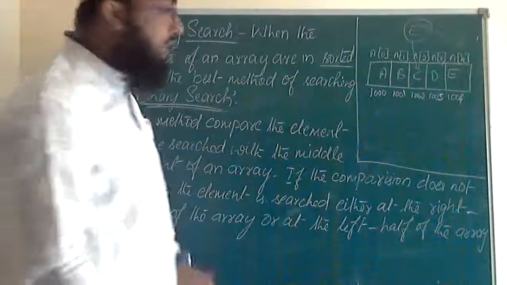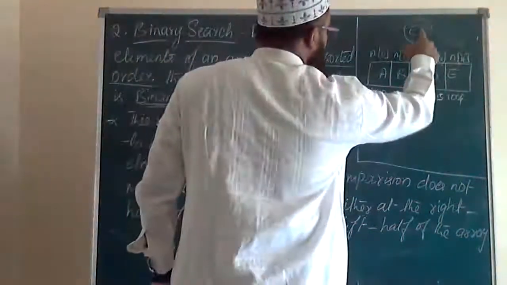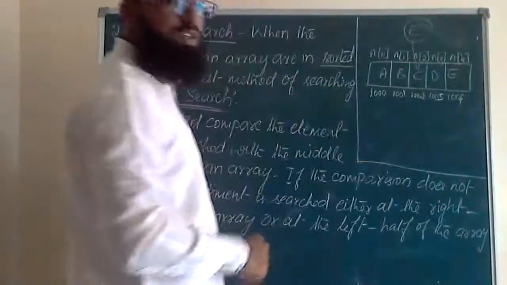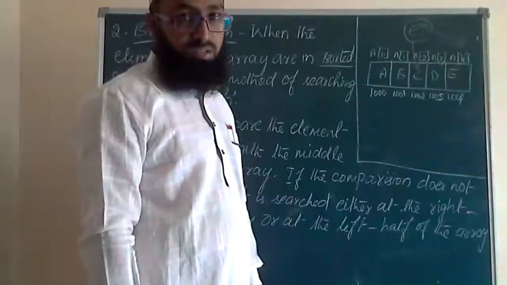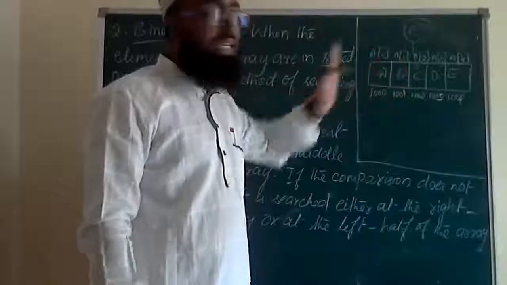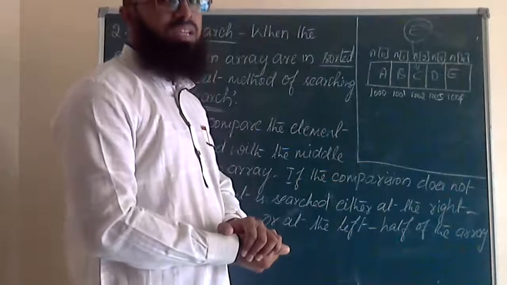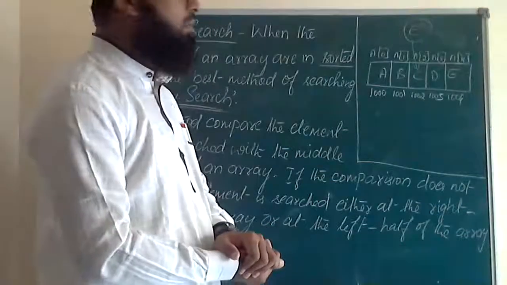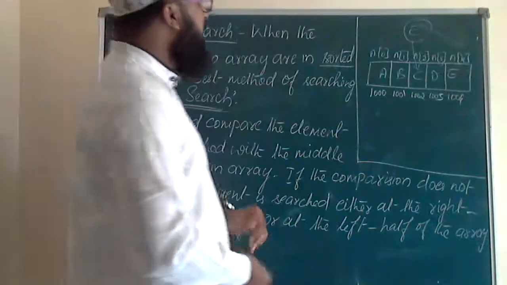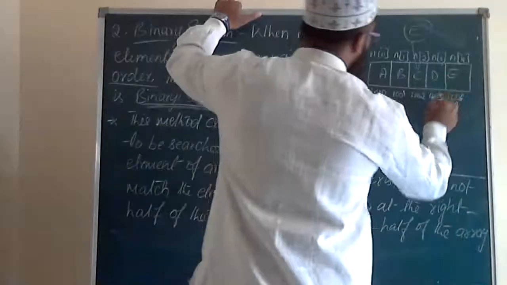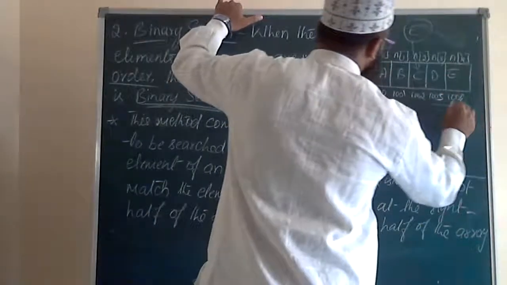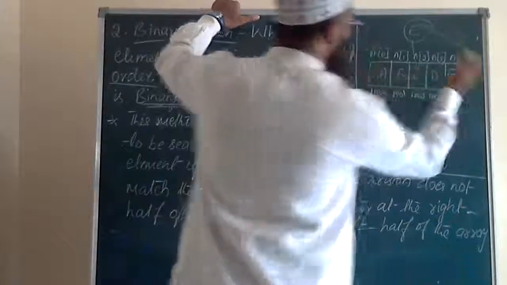If the element is not equal to the searched element, when it does not get any right result, it will continue its searching at the right portion of the array, the elements left at the right portion.